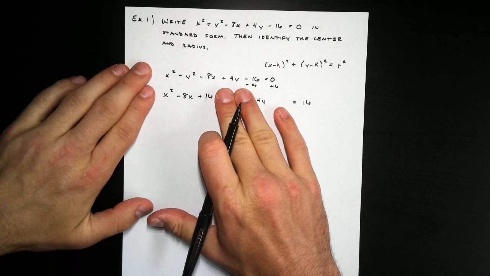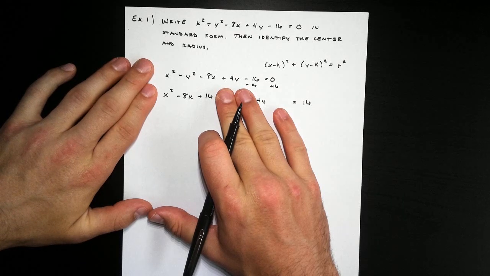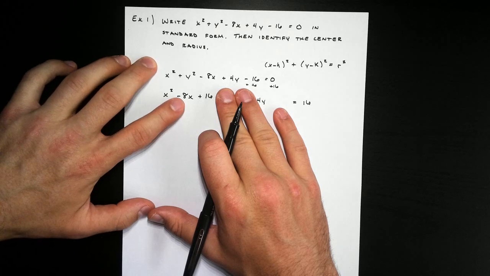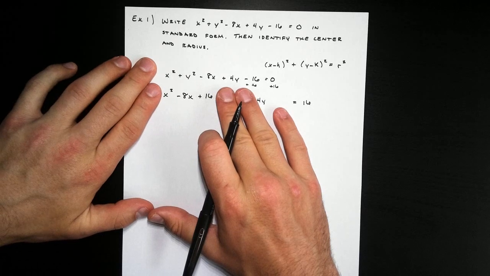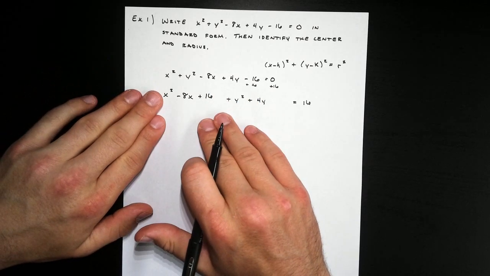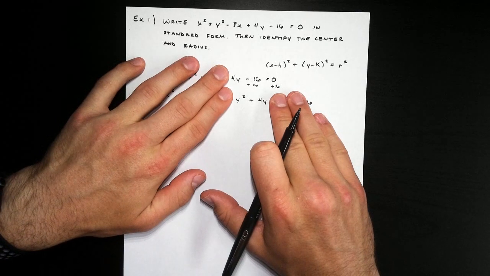Now just these three things can be factored. Two numbers that multiply to 16 but add to negative 8 are negative 4 and negative 4, which we already knew because that's half of the negative 8. So we end up with a binomial squared. Now for these two, same thing.